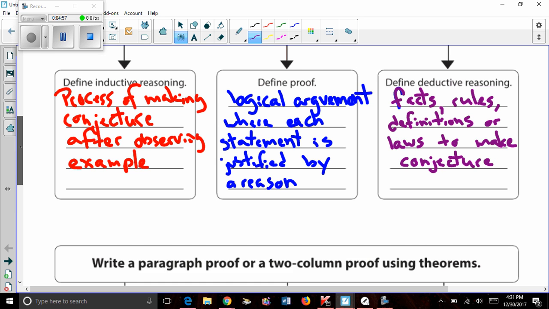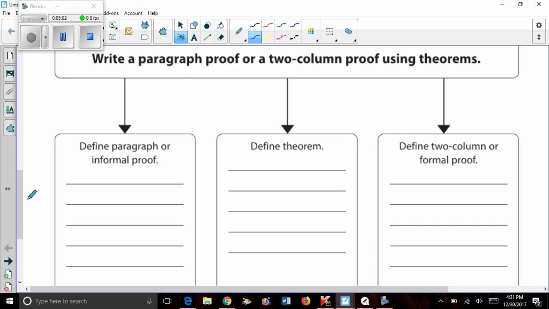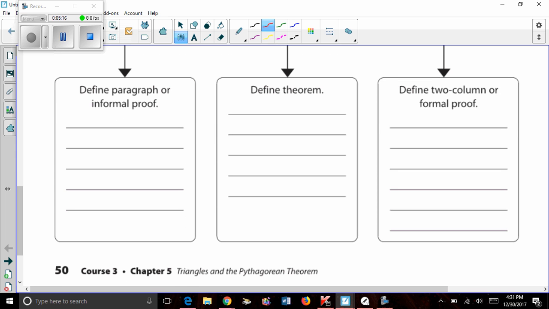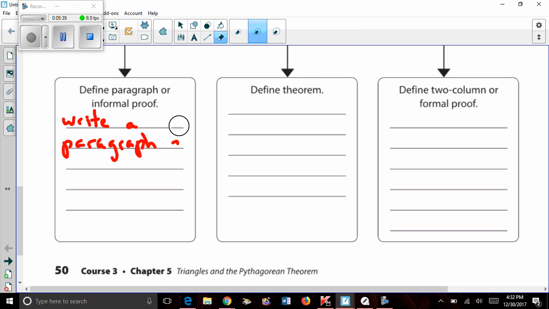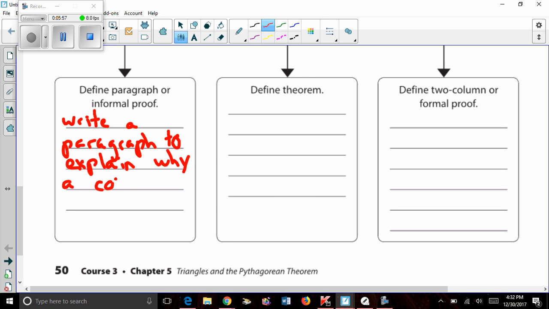Now, before we go into the proofs, there are actually two types of proofs we're going to see. For the purpose of this video, we're going to focus in on two-column proofs, but we're also going to talk about the paragraph proofs right here on this page. As the title might make clear, a paragraph proof is where we write a paragraph to explain why a conjecture or conclusion is true.